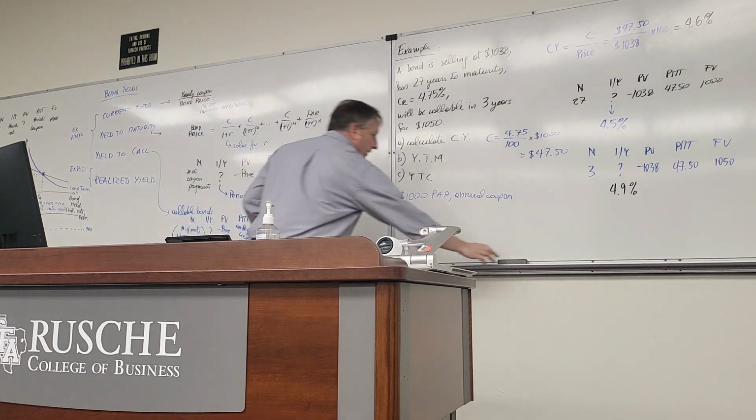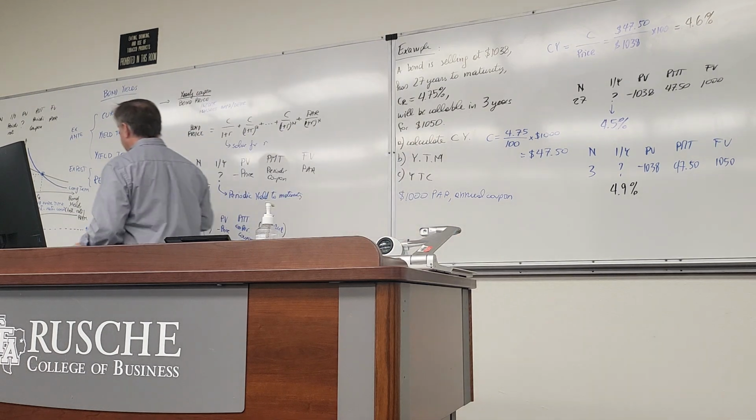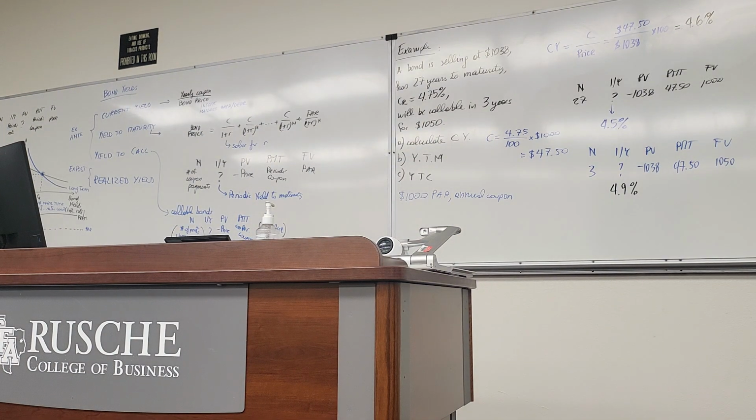So the realized yield is a measure of what you actually have done in terms of performance with your bond investment. The general idea of the realized yield is this.